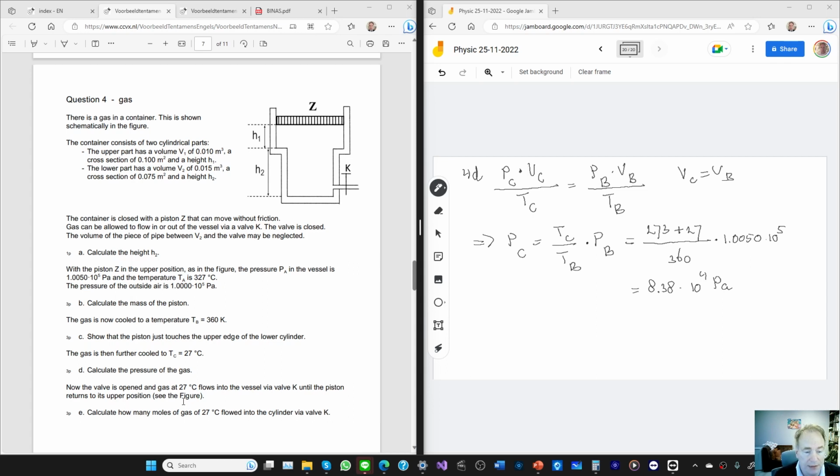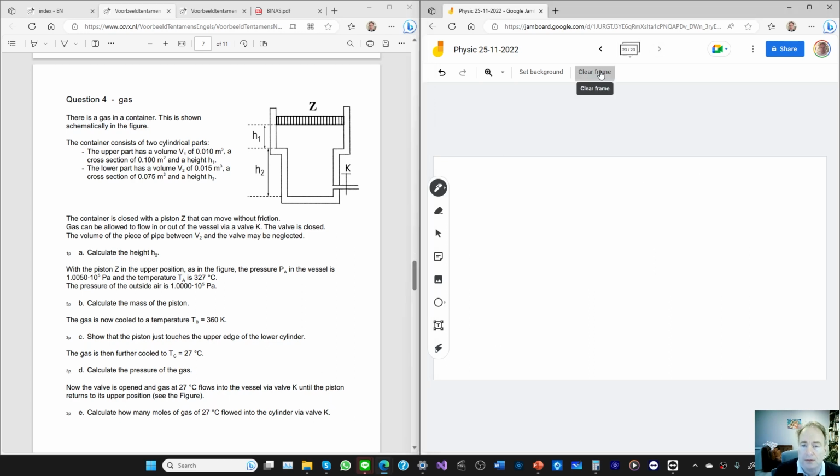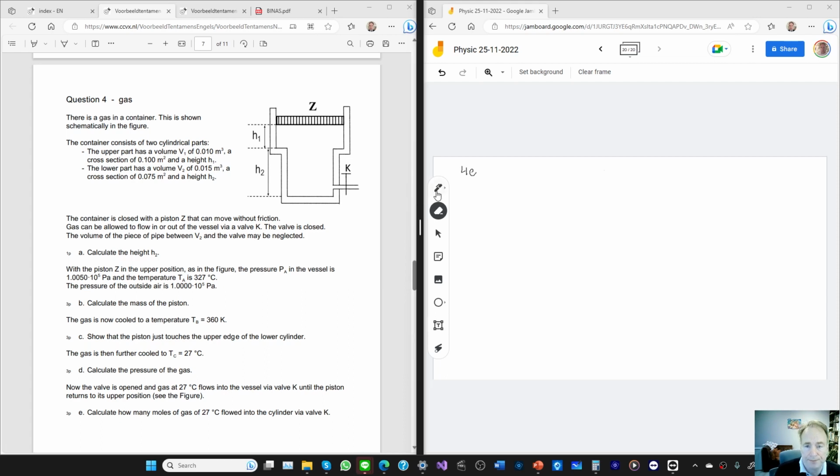Calculate how many moles of gas of 27 degrees flow into the cylinder via valve K. So the knowledge we need to apply here is that the number of moles of gas in a volume can be found through P times V divided by T is the number of moles times the gas constant R. Obviously through this whole process, the number of moles of gas didn't change.